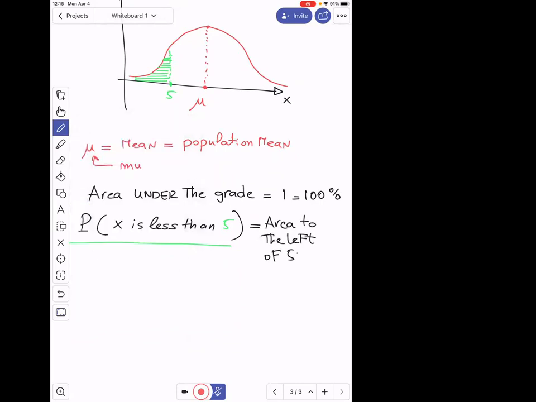Now, when I find the probability that x is more than 5, then we mean the area to the right of 5. So that will be the area to the right of 5.